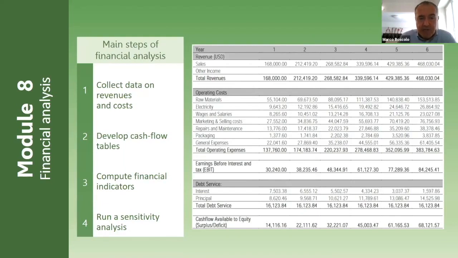So the guide walks you through the main steps to do a financial analysis, basically, how to collect and which data to collect on revenues and costs, how to develop cash flow tables, how to compute financial indicators, and finally, how to run sensitivity analysis. And what you see here on this slide is an example of an output that was generated using material from our resource.